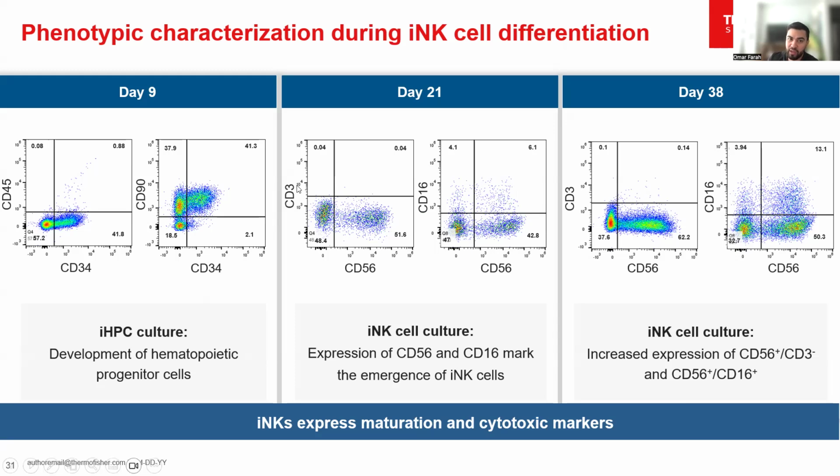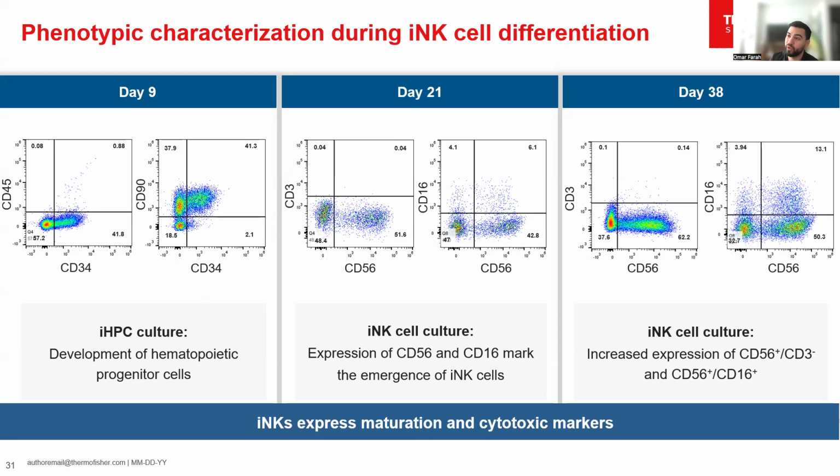But you'll notice that we are not seeing expression of CD3, which is a marker of T cells, right? And this is super important because technically, hematopoietic progenitors can give rise to different immune cell types: T cells, macrophages, monocytes, NK cells, right? And in our protocol, we don't want to specify T cells. We want to specify specifically NK cells.